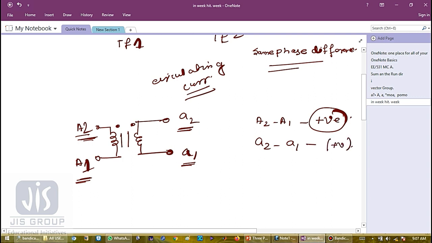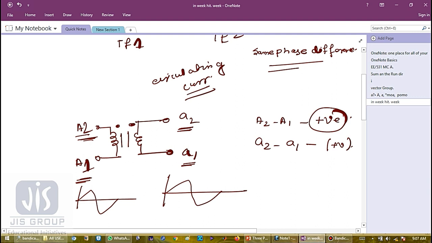Means if this is the voltage waveform of the high voltage side, this is the waveform of the low voltage side. Look, there is no phase difference between them.